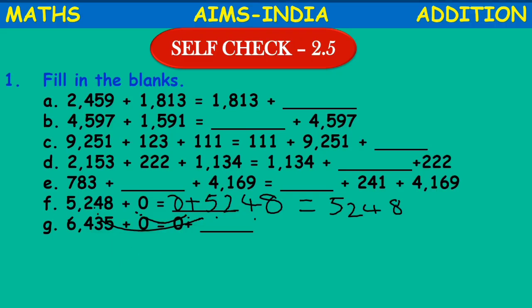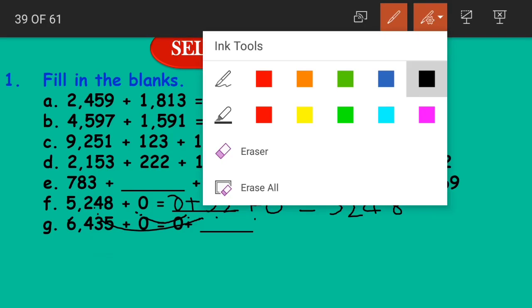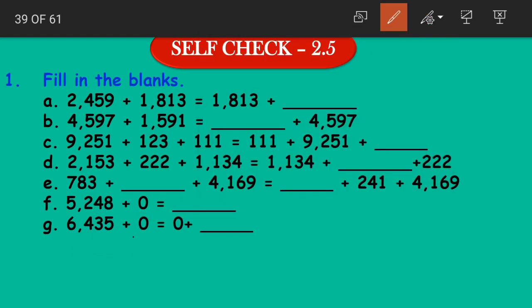Now moving on to question number G. 6435 plus 0 is equal to 0 plus blank. Again, this is also from the additive property of 0. Look here, we have 0 on both sides. Now which number is missing on the right side? This, 6435.